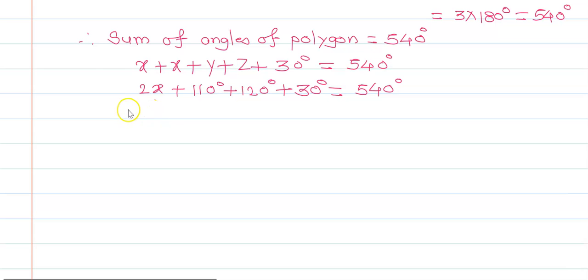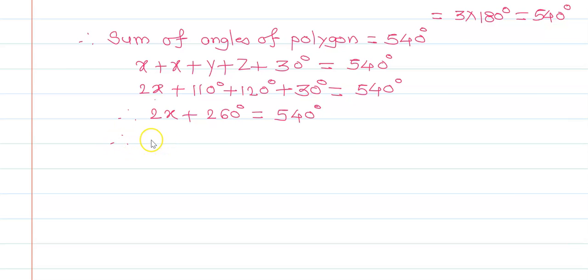And therefore here 2x plus 110 plus 120, that is 230, 230 plus 30, 260 is equals to 540.